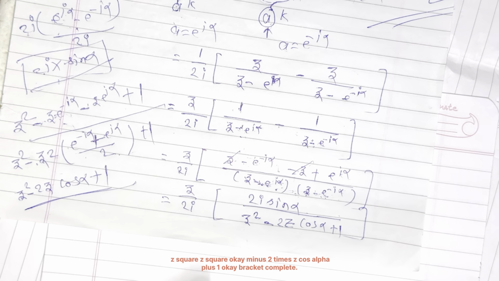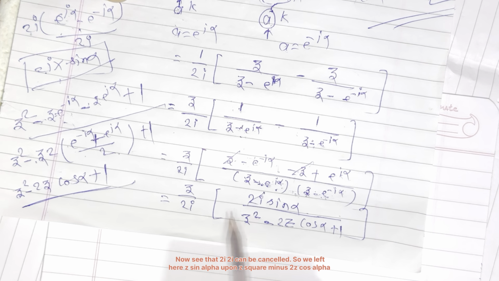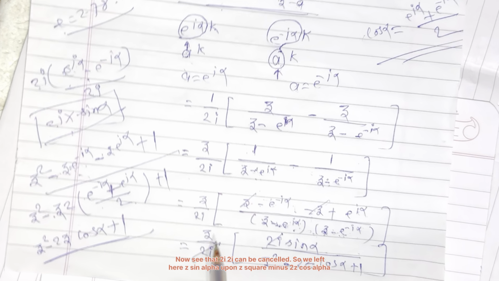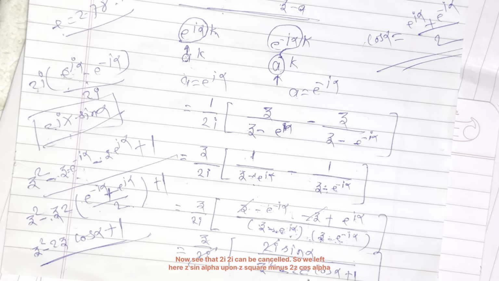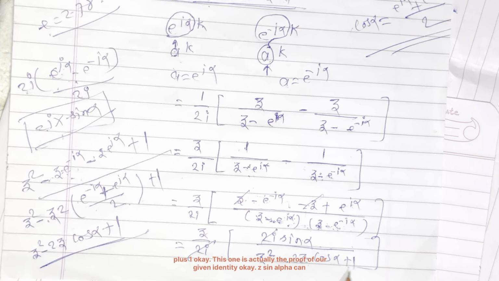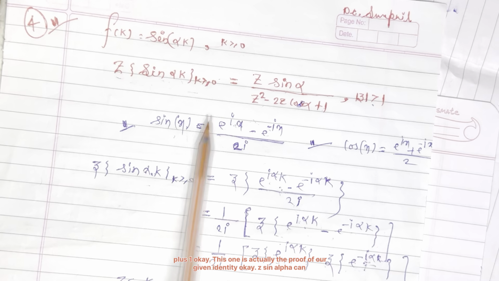Bracket complete. Now see that 2i can be cancelled. So we are left with z sin alpha upon z square minus 2z cos alpha plus 1. This is actually the proof of our given identity.